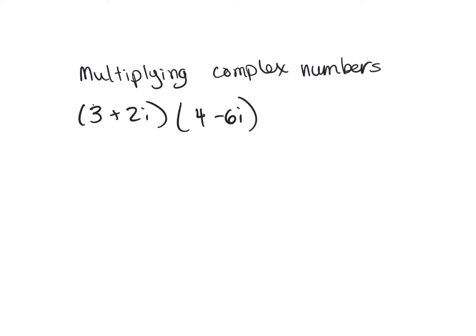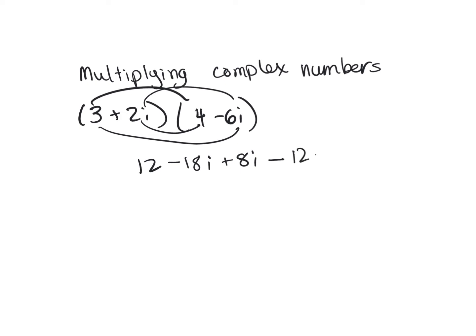So I FOIL. First, 12, minus 18i, plus 8i, minus 12i squared. Now the cool thing about complex numbers is they form what is called a closed field. If you multiply two things of the form a plus bi together, you end up with something of the form a plus bi. You'll never get a quadratic or a cubic because they can always be reduced.